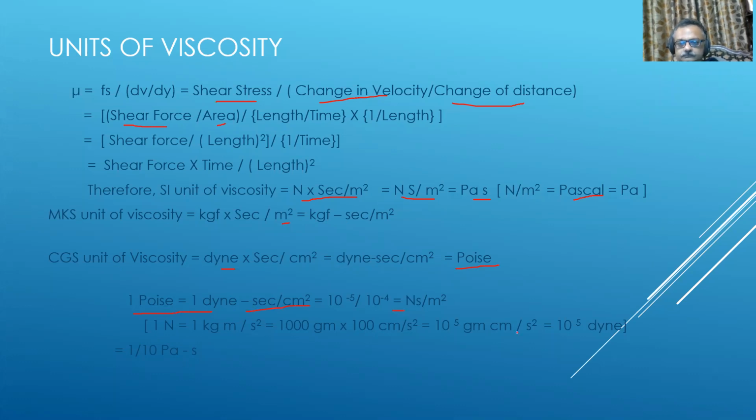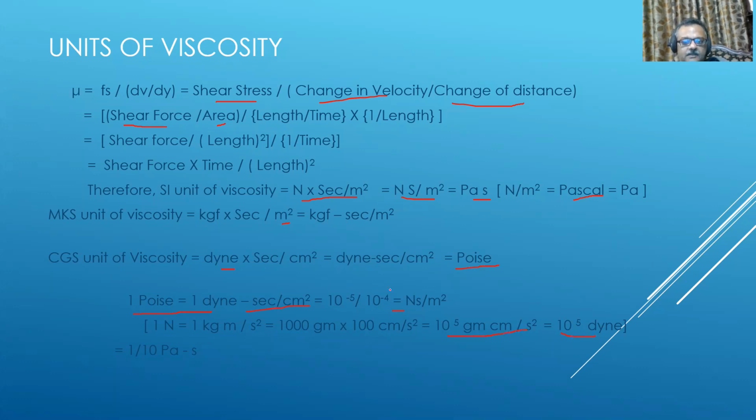So 1 Newton is equal to 1 kilogram meter per second square, which is equal to 1000 gram into 100 centimeter per second square. That comes out to be 10 raised to 5 dyne.